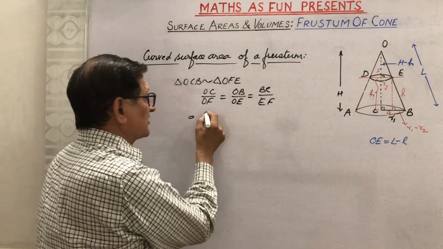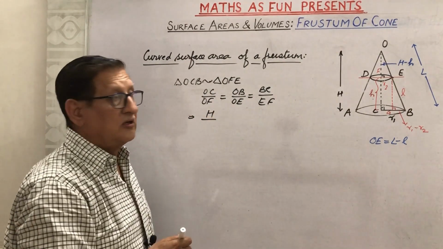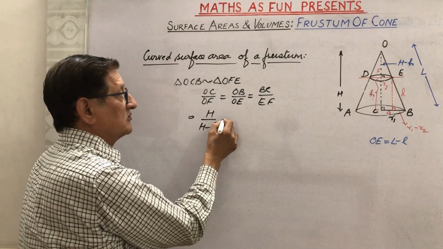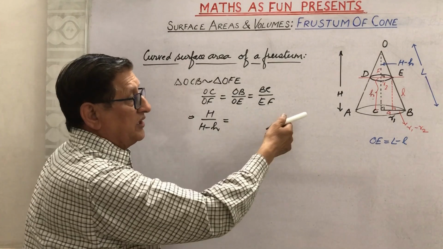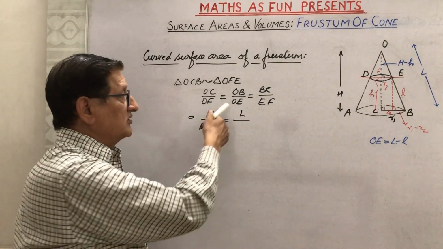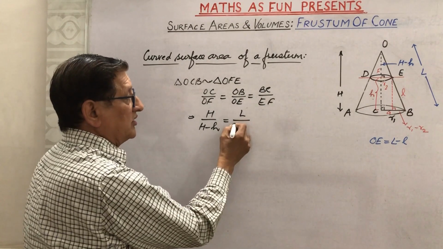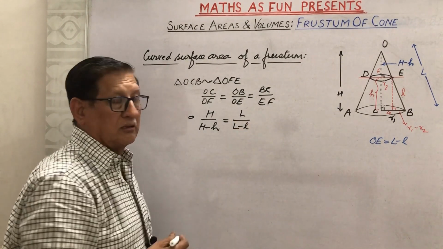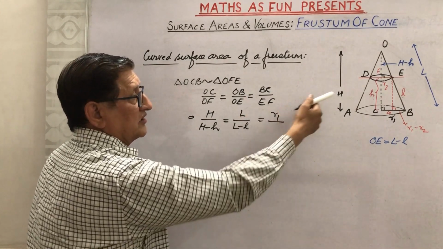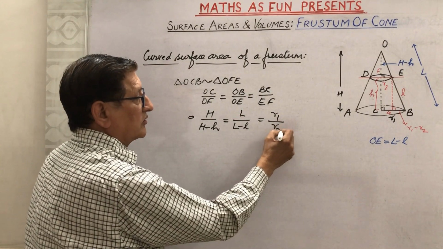You can see OC is capital H. What is OF? OF is H minus h. What is OB? OB is capital L. What is OE? OE is L minus l. What is BC? That is R1. And what is EF? That is R2.